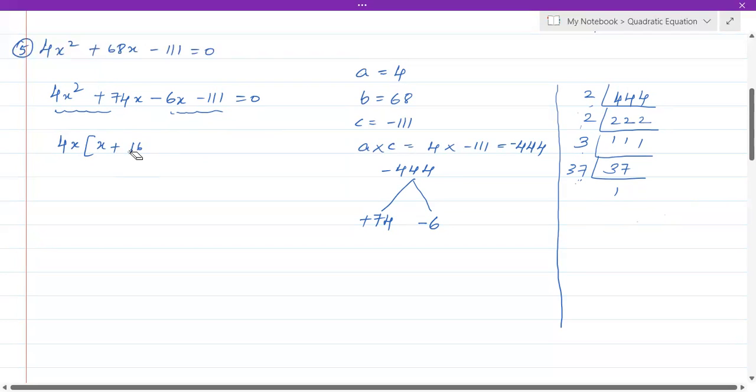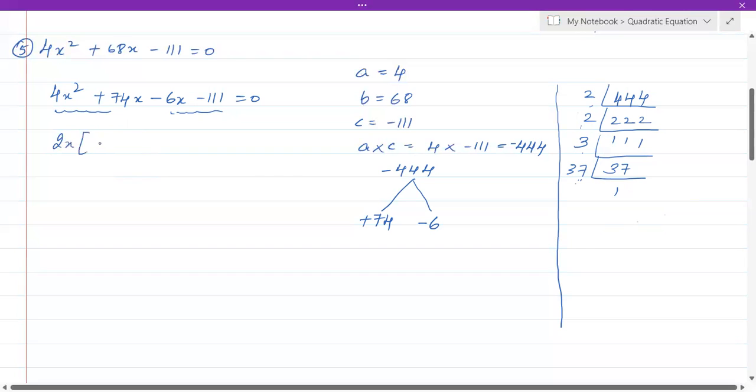I'm sorry, 4. Okay, you cannot take 4 as common. I'm sorry, 74 is not divisible by 4. 4 ones are 4, 3 carry, it becomes 34. Yeah, it is not divisible. So you cannot take 4 as common. I'm sorry about that. So if 4 is not dividing both, then it should be 2, right?